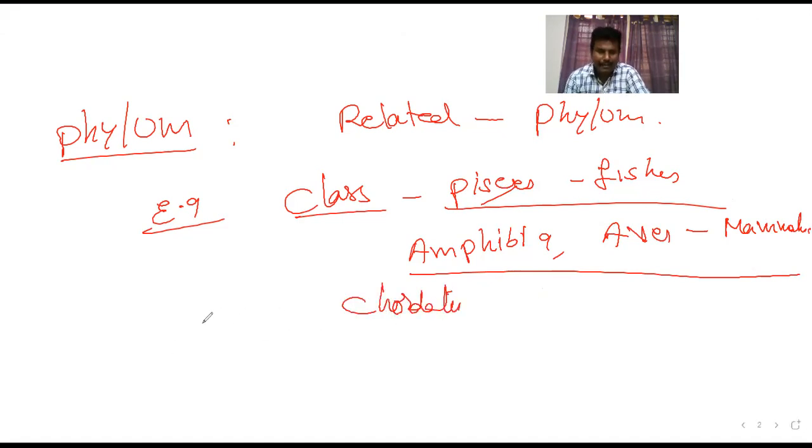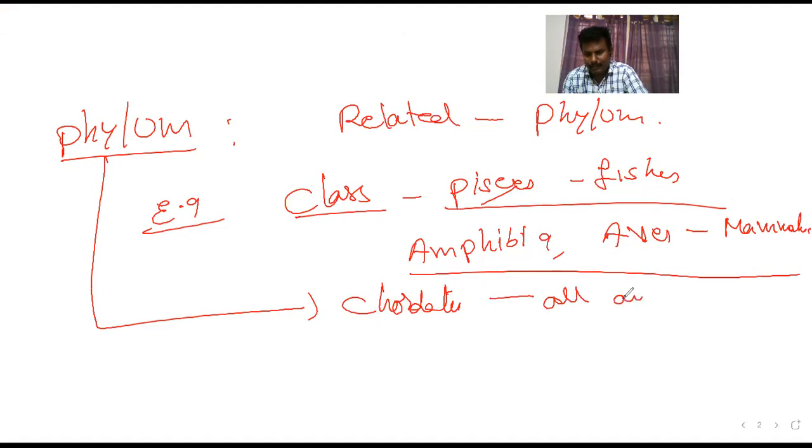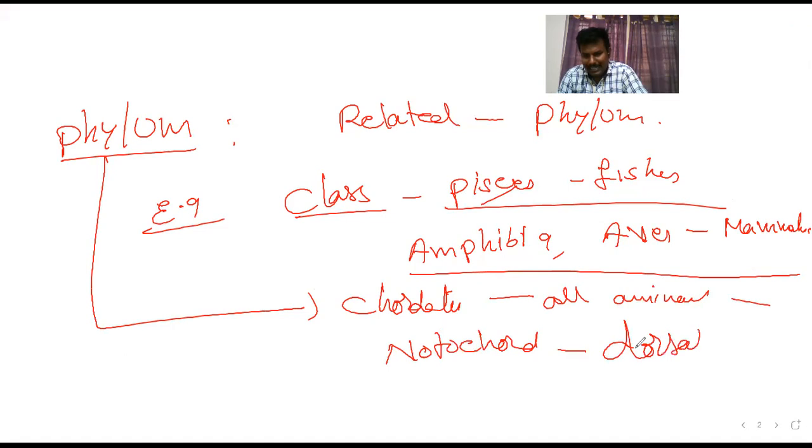The phylum Chordata has all animals that possess a notochord, a dorsal hollow neural system.